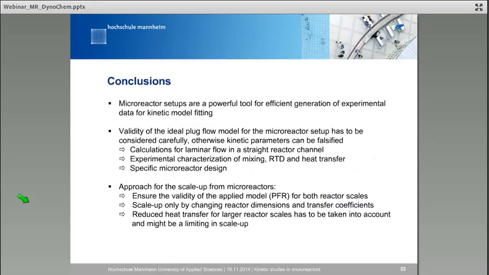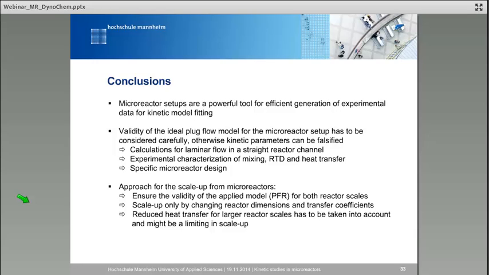Finally, I would like to summarize the webinar with some conclusions. Microreactor setups can be a powerful tool for kinetic studies and process development, since experimental data can be generated easily and very efficiently. However, there are important experimental requirements that have to be considered carefully, because otherwise the determined kinetic parameters can be falsified by transport phenomena such as backmixing or the formation of a local hotspot.